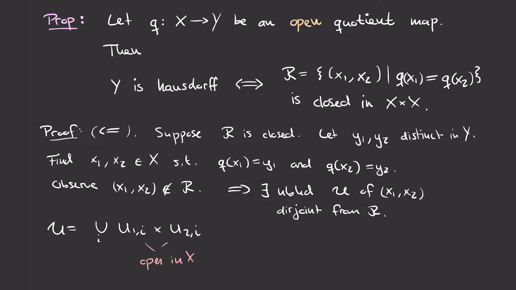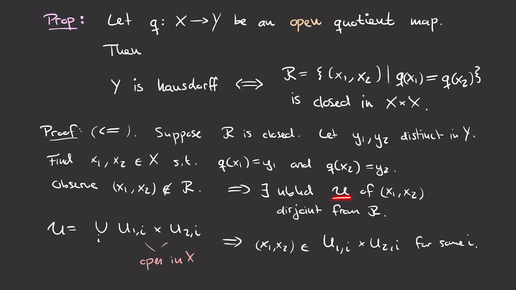That's just the definition of what it means to be contained in a union. So (x1, x2) is an element of U1i cross U2i for some i.